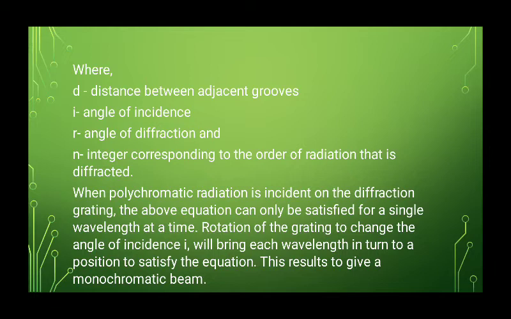Rotation of the grating to change the angle of incidence i will bring each wavelength in turn to the position to satisfy the equation. This results in a monochromatic beam.